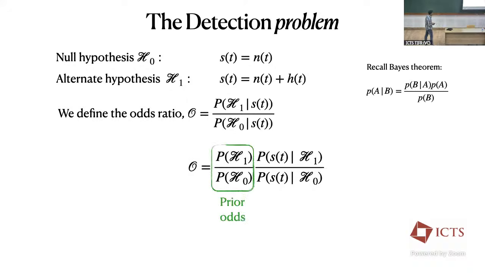With these two factors, the first factor is the prior odds. That is, without going into the computation, given the data chunk, only from our prior knowledge, what we can say about these two hypotheses.